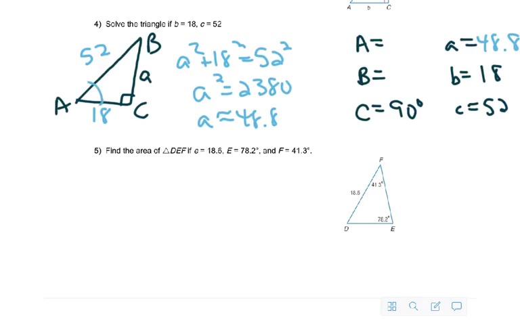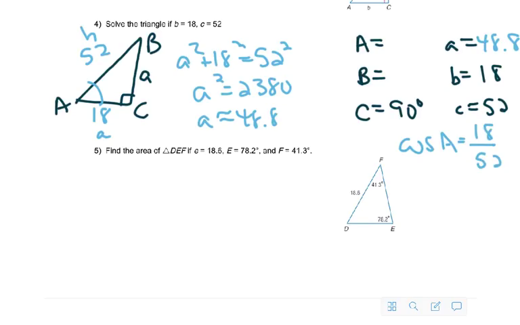Now I need to find a missing angle. And how about I find A, because it's first. So given the information from the original triangle, notice that I know the adjacent side and the hypotenuse. So the best way to attack that problem is probably to use a cosine. So cosine of A is going to equal adjacent over hypotenuse.